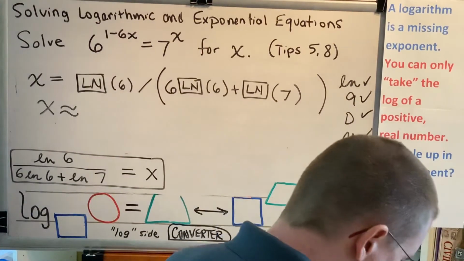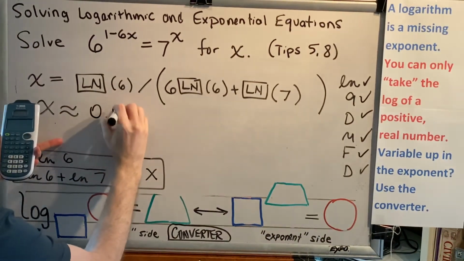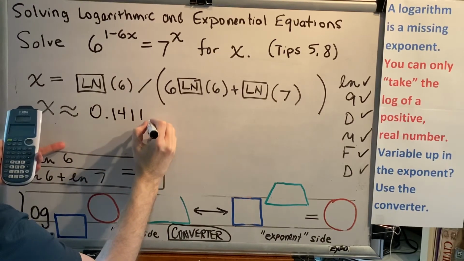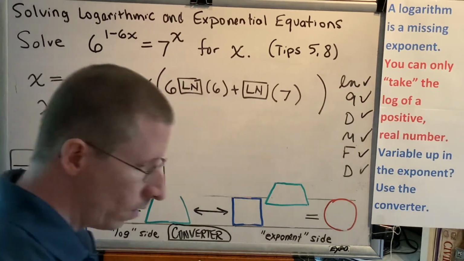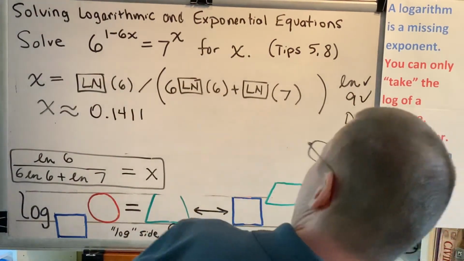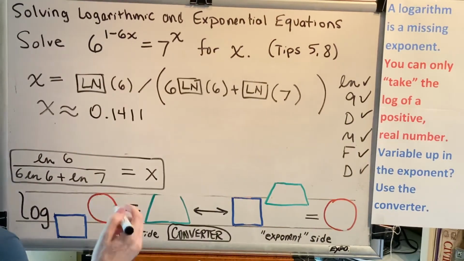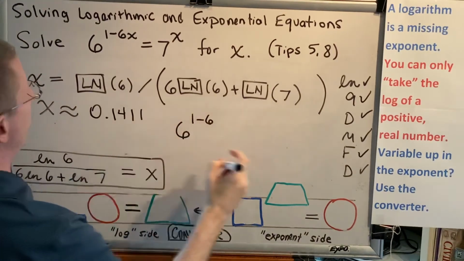We get the value of x. It's approximately 0.1411. There are other values at the end of this, but I'm rounding to 4 decimal places. Now I can check to see if that's the correct answer by plugging back into the original equation. Everywhere I see an x, I'm going to put this decimal.